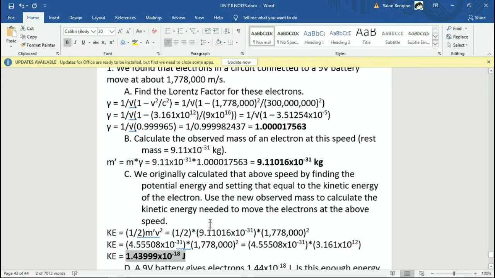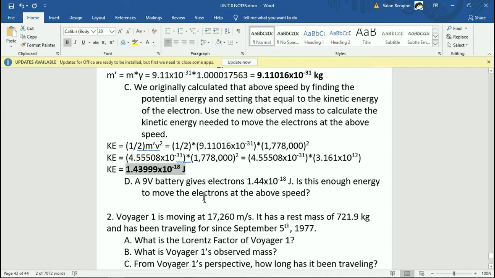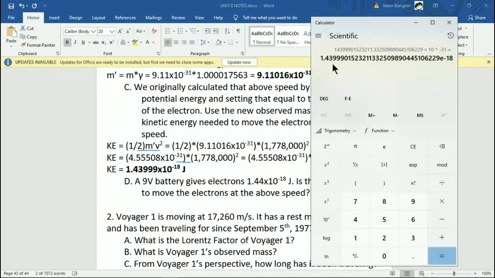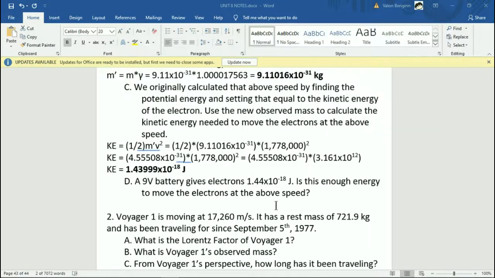So there's our answer. Part D: a 9-volt battery gives electrons 1.44 times 10 to the negative 18 joules. Is this energy enough to get the kinetic energy we need? Yes, it is. 1.43999 is less than 1.44, and that's why I specifically didn't round it.